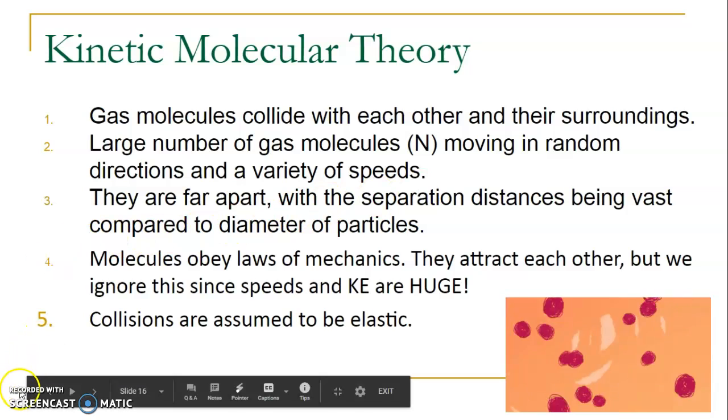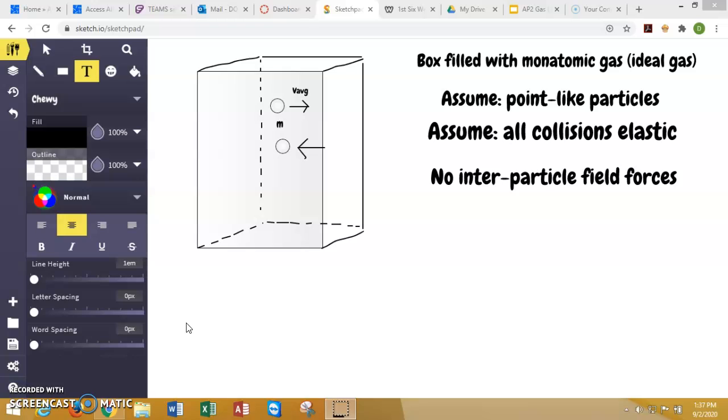I want to show you an example. So here we have a box. The box is filled with an ideal gas, some gas, and all we're going to do is look at one particle, one little particle of that gas. And so I've shown that to you right here as a little sphere. It has a mass and it has some average speed, and it's headed towards the wall, and it will bounce off the wall. We're assuming that it is a point-like particle.